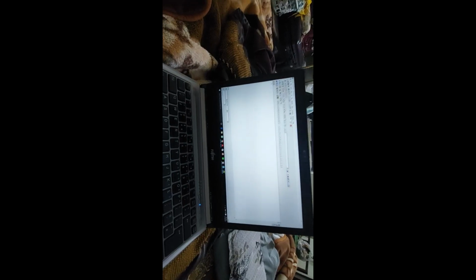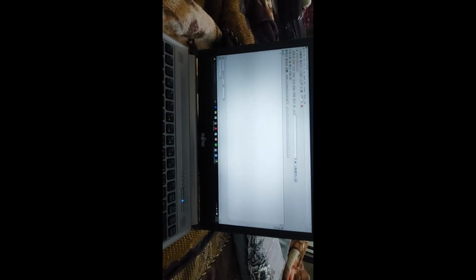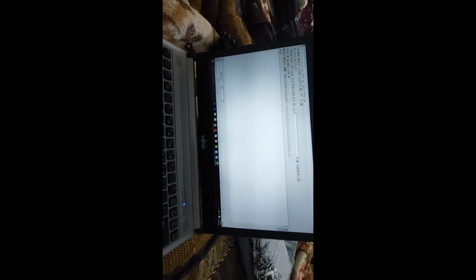So let's see. Here we have the input blank screen, and we will try to define the function and try to solve it using this software.